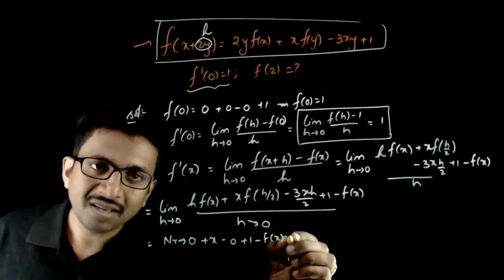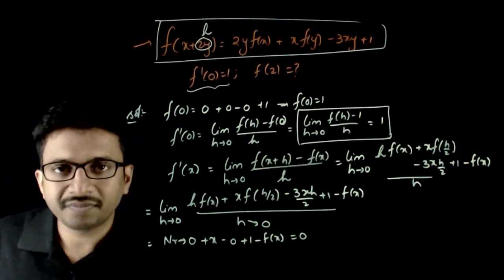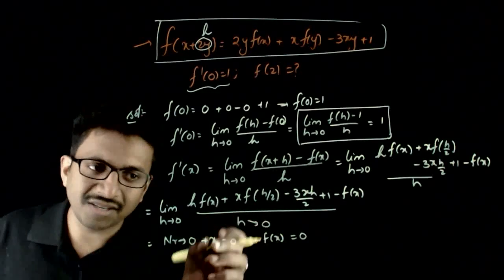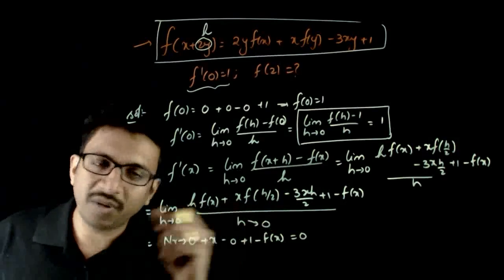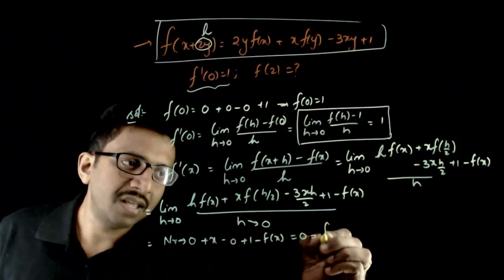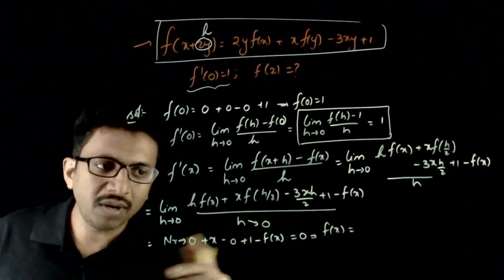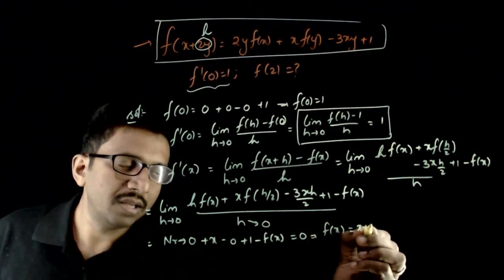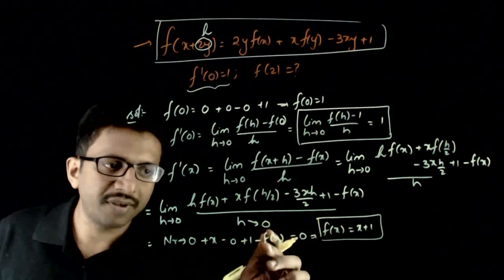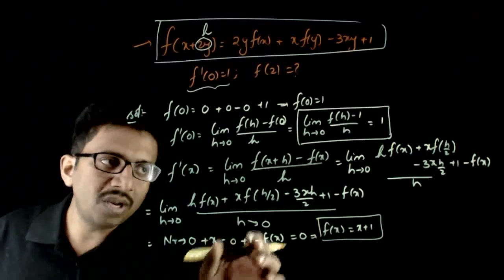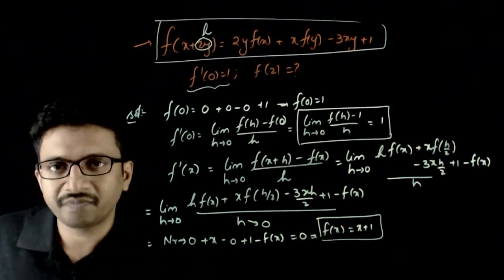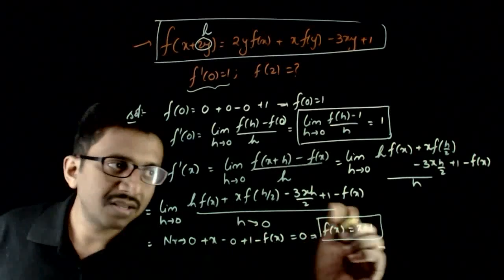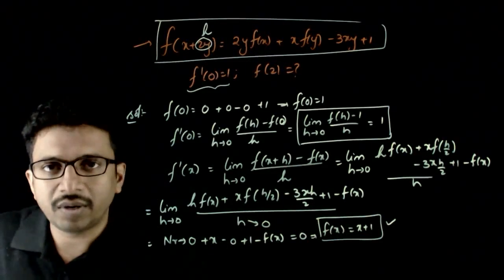As you can see, this has to be equal to 0 irrespective of what h is. x plus 1 minus f of x has to be equal to 0. This means f of x should be equal to x plus 1. Only if f of x is equal to x plus 1 will this differentiation be defined. Hence, I got the function f of x is equal to x plus 1.